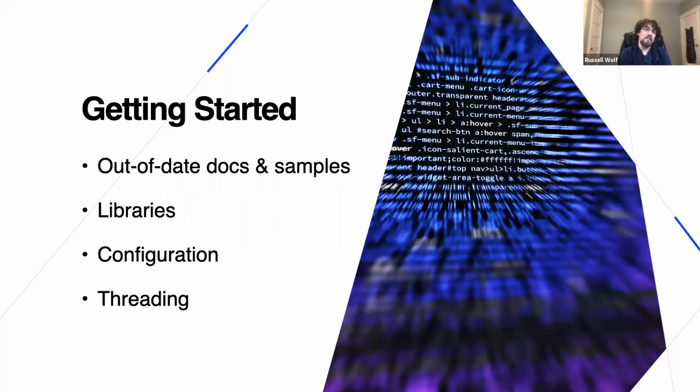Getting started. Kotlin Multiplatform has been around for a couple of years now, and it's been experimental for a while. A lot of things have been evolving pretty rapidly in that time as it's been stabilizing. It's hard sometimes to find the most up-to-date best practice.